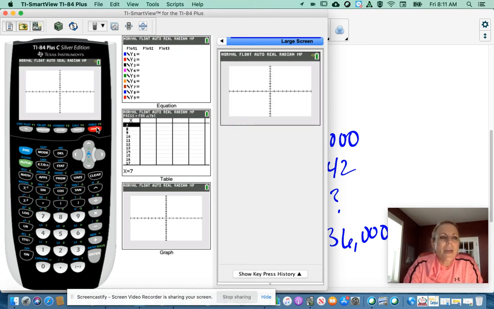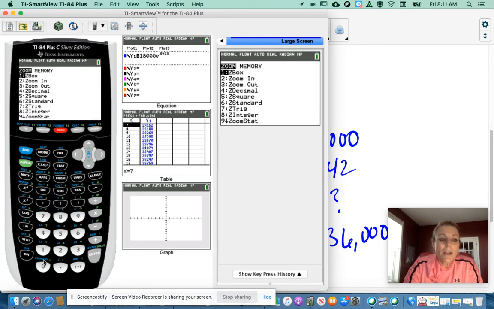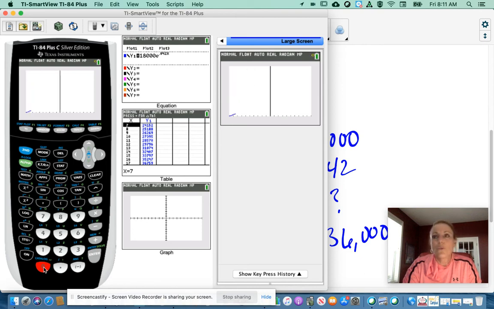So if I graph that, I'm not going to probably see anything. It's exponential. So on an exponential graph, we always hit zoom 0, always with exponential growth or decay. And there we go. Exponential growth. That's what we're dealing with here.